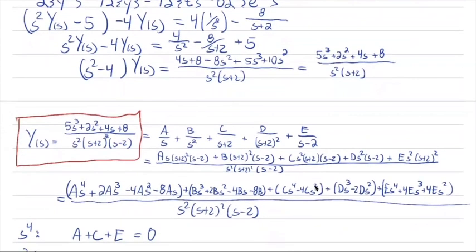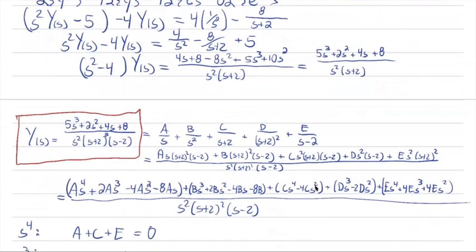So now we've got this fraction, and the denominator of it factors very nicely into a bunch of linear pieces. We have 2 of them that have repeated roots. When you have repeated roots, like this one, we need to have one term for each power of that root.